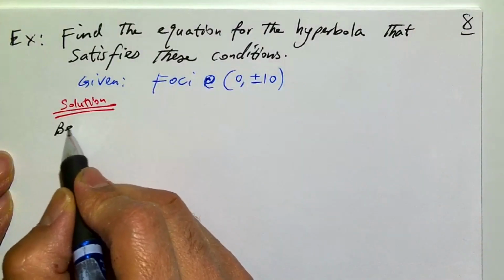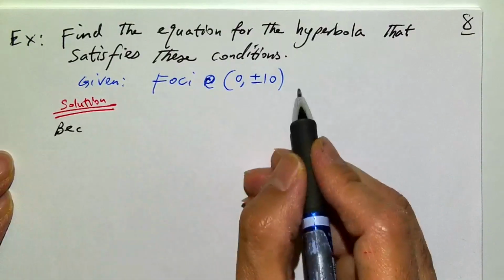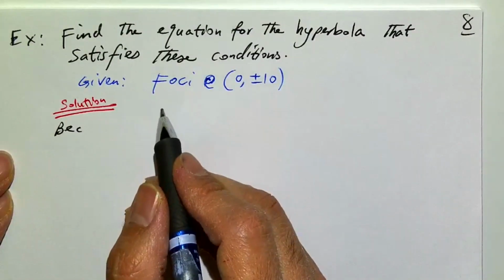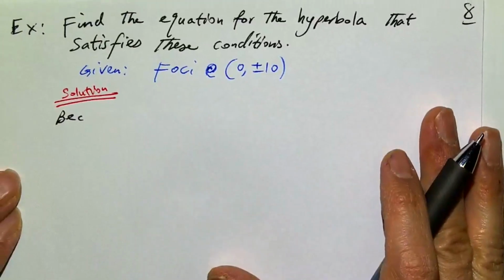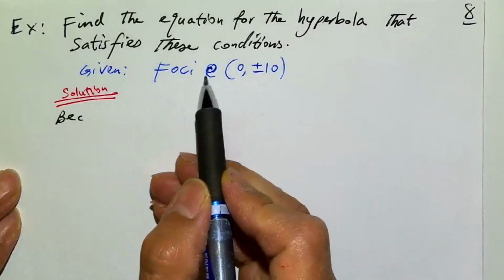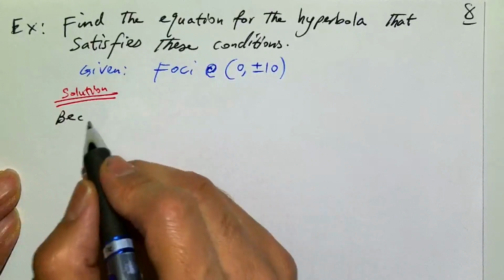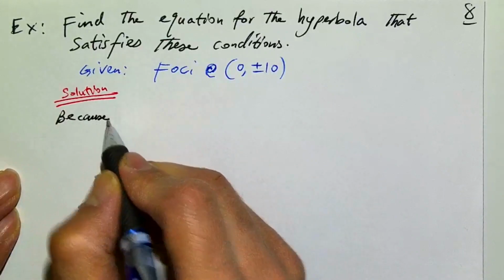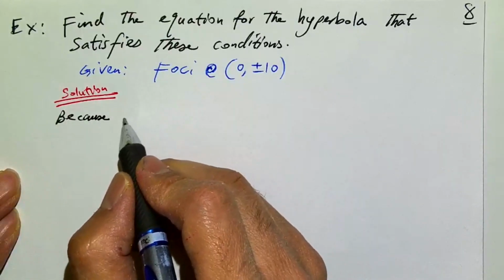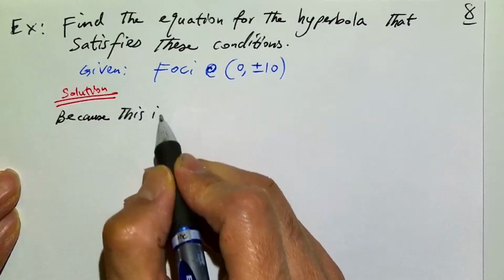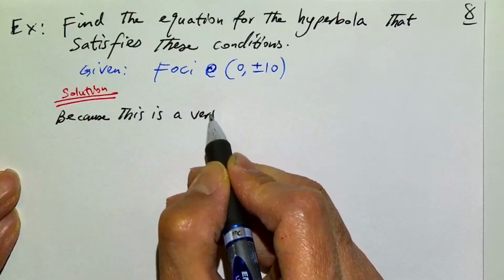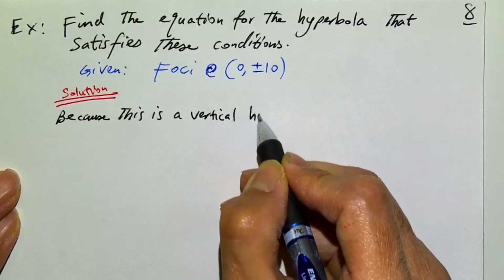We still have more conditions, but I want to make a point here. The first condition is pretty important. It gives us a lot of information because this is a vertical hyperbola.